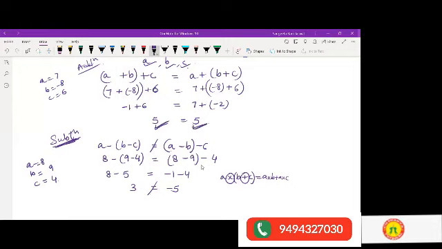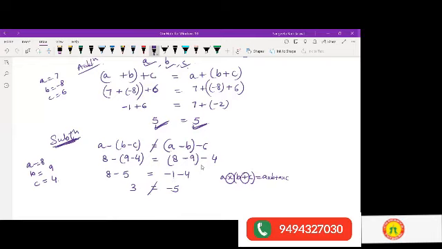Now see in the case of subtraction. In place of the plus sign, we had minus sign all over. So we had to prove this. I have just taken some numbers here, 8, 9 and 4. In place of A, I wrote 8, in place of B, I wrote 9, C, 4. Then what did I observe here? 8 minus 9 minus 4 is 5. So 8 minus 5, I got 3. And here it is 8 minus 9 is minus 1 and minus 4.